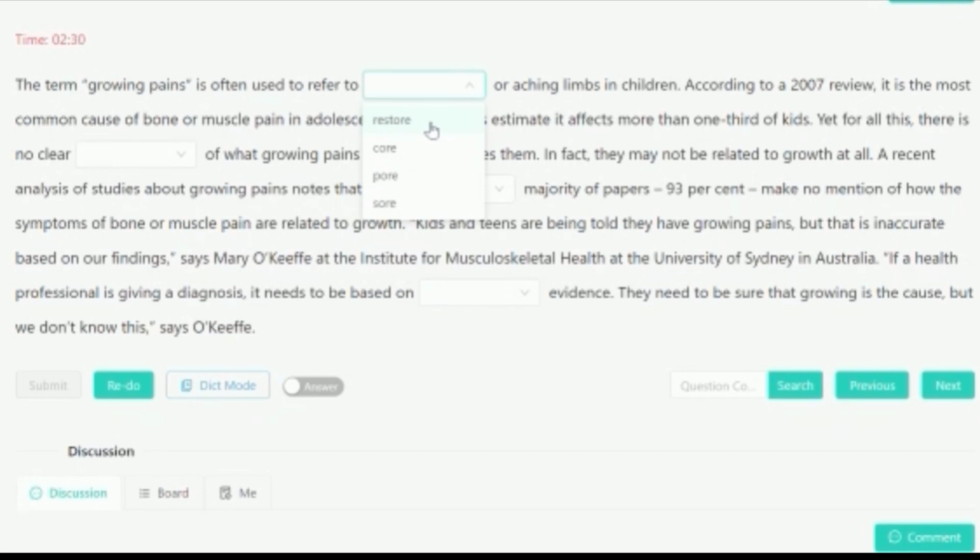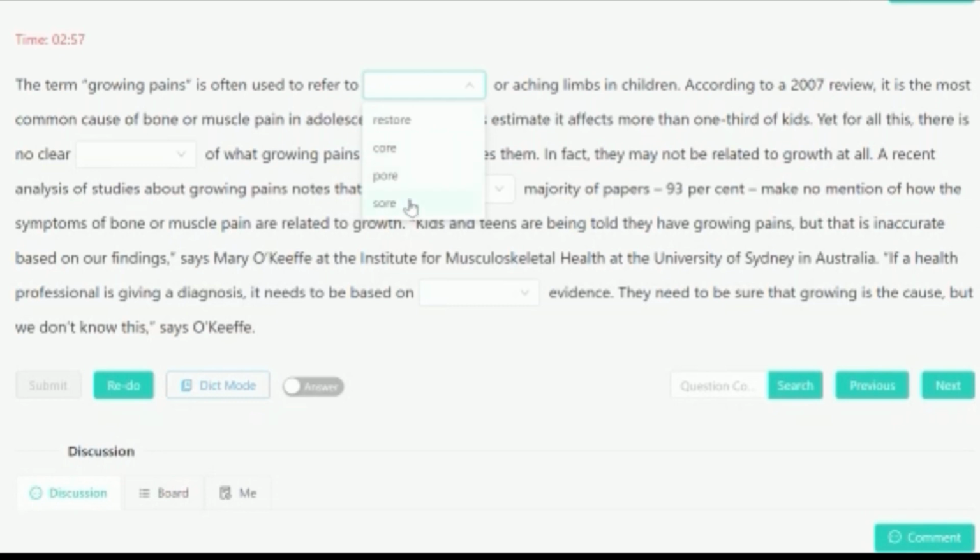No, we're going to look for a word that is similar to aching limbs and even the topic of discussion, which is growing pains. So it can't be restore because restore is not synonymous with aching limbs. So considering the words aching limbs and growing pains, what will be in the blank would not be core, it will not be pour.